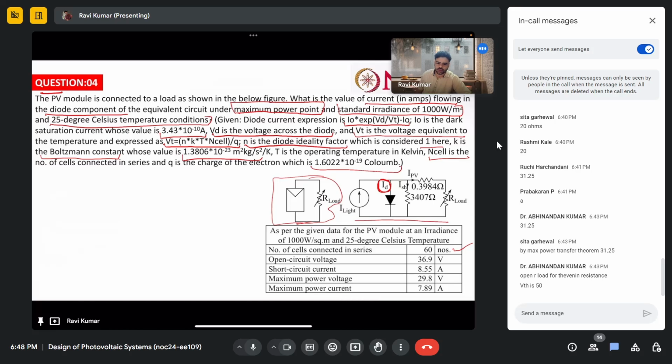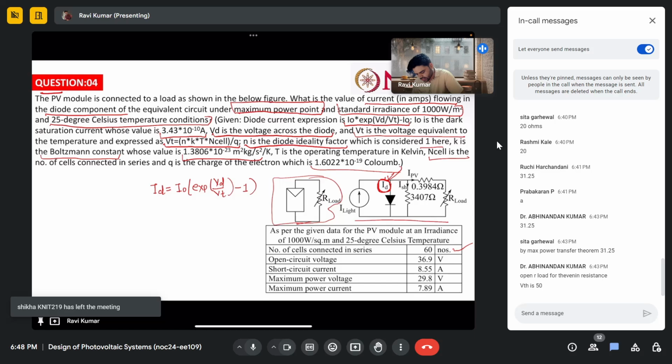You need to calculate this ID, current through this diode. The formula is already given here. I write it here: ID equals I naught into exponential of VD by VT minus 1. And VT is given here. VD is the voltage across the diode.